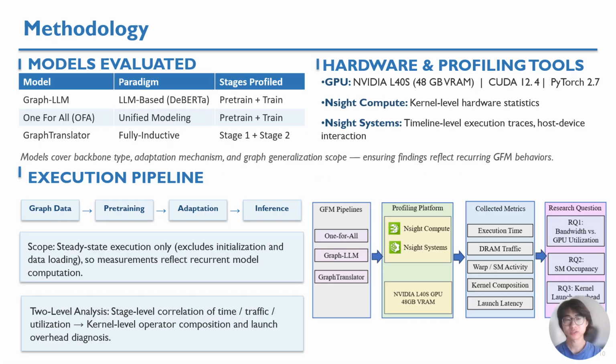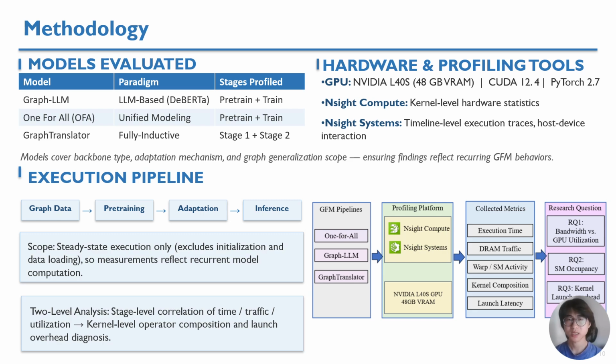For our methodology, on model coverage, we profile different execution stages for each model: pre-training and training for GraphLLM and OFA, and stage 1 and 2 for Graph Translator. Our execution pipeline flows from graph data through pre-training, adaptation, and inference. Importantly, we profile only steady-state execution.